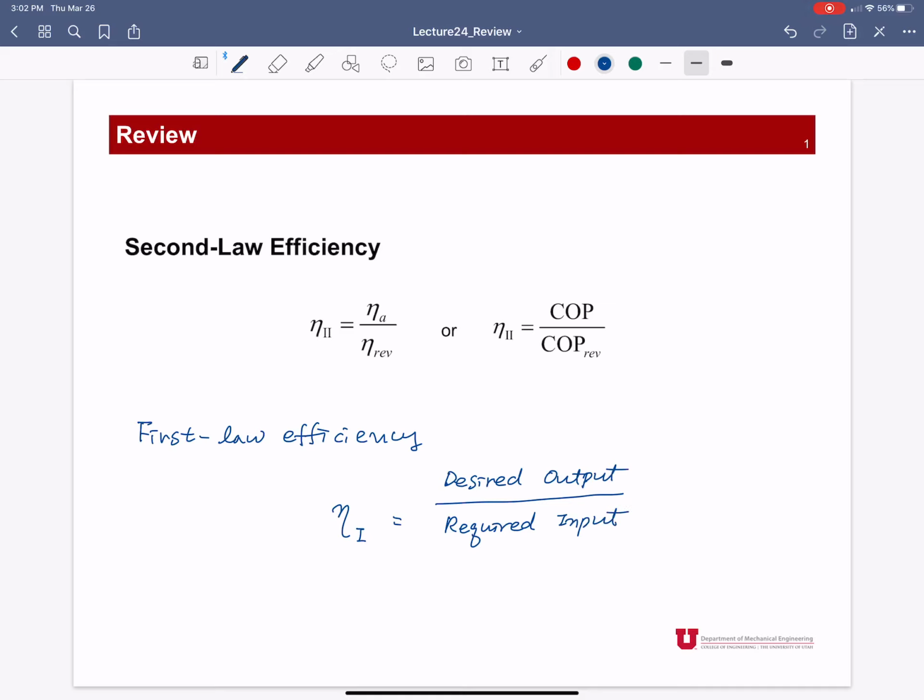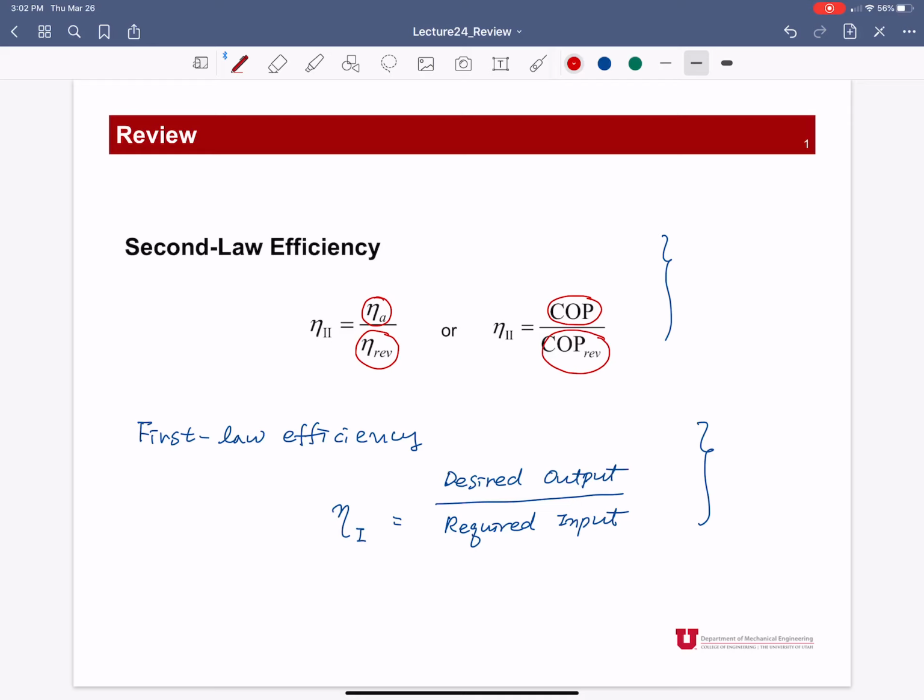In addition to this nicely defined first law efficiency, we also can define the second law efficiency that compares your first law efficiency, like that of an actual heat engine or actual refrigerator or actual heat pump, to the reversible efficiency, like the Carnot efficiency for a heat engine and the Carnot COP for a refrigerator or heat pump.